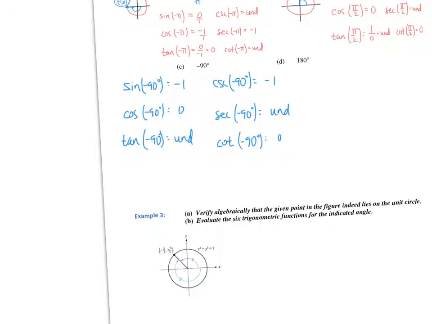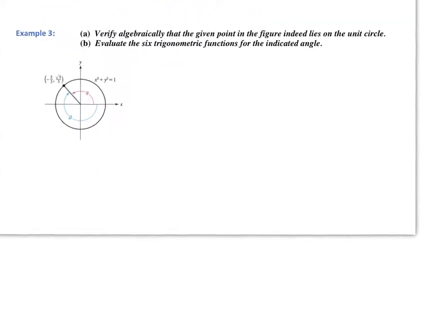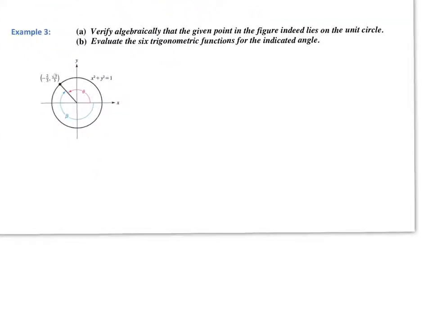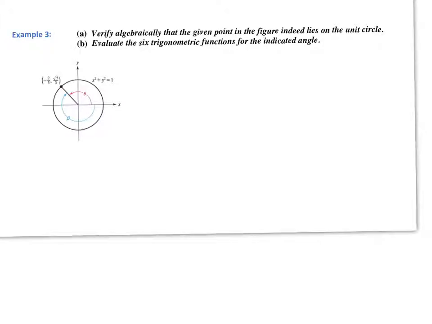So down here at the bottom, it goes back to our concept of the unit circle. The very first thing it says to do is verify that our point is on this unit circle. If you remember our equation for a circle, x squared plus y squared is equal to 1.